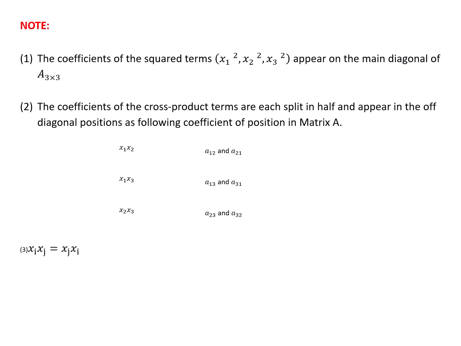The coefficient of the square terms will be at the main diagonal, while the cross product terms are split in half and appear in the off-diagonal position. And you know the product xi xj is equal to xj xi.